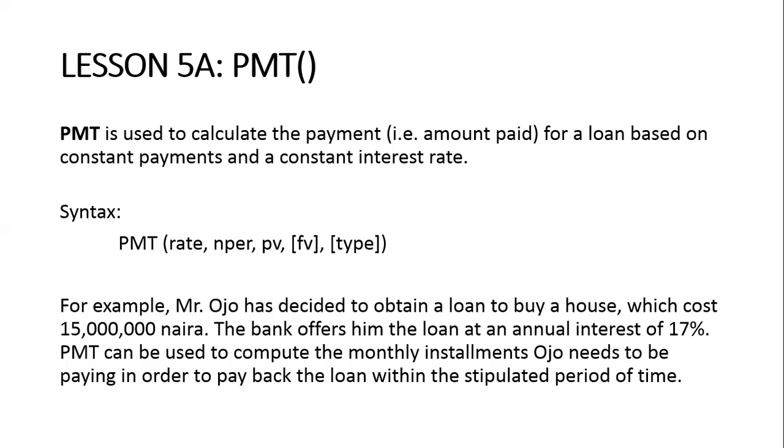Now, how much should this person be paying per period to enable the person clear up that loan within the given number of periods? That's what this PMT is about. So can we give it a try? Just try it on your end.